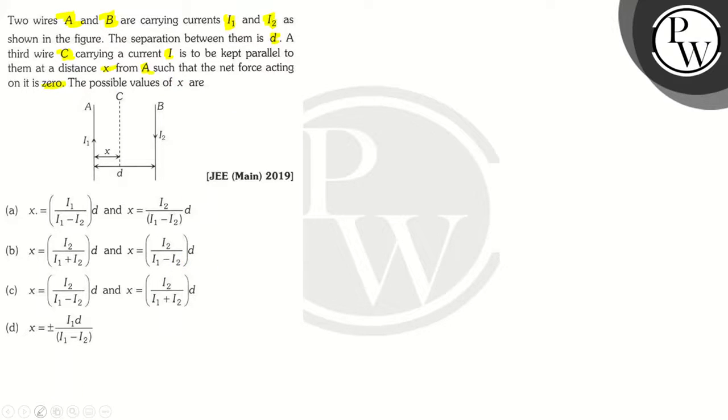ठीक है बच्चों, तो यहाँ पे हम देखते हैं अब. So we have the first wire A, wire C to be in the middle of A and wire B, right? So in this case, we know the value of force per unit length of an infinite current carrying wire is going to be mu naught I1 I2 divided by 2 pi x, है ना बच्चों? तो यहाँ पे हम इसको इस केस में सब्स्टिट्यूट करते हैं.